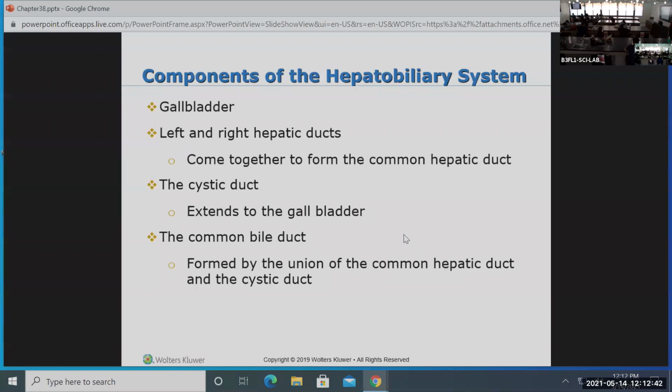This common bile duct further down, behind the second part of the duodenum and the pancreas, joins the pancreatic duct to open into the duodenum.